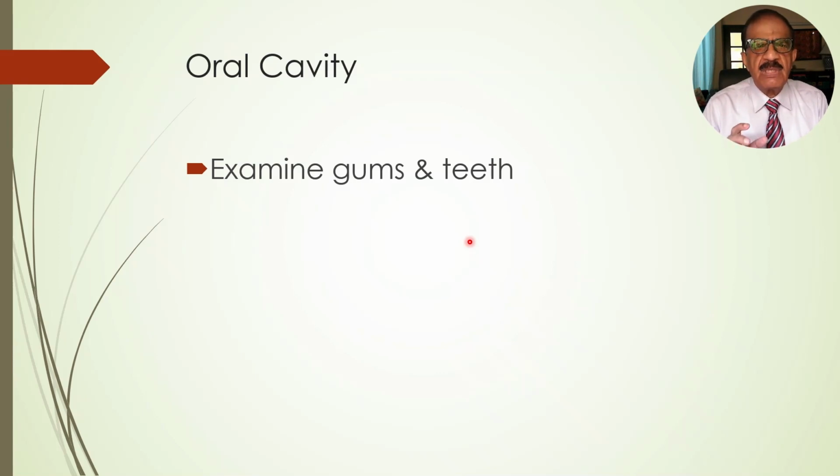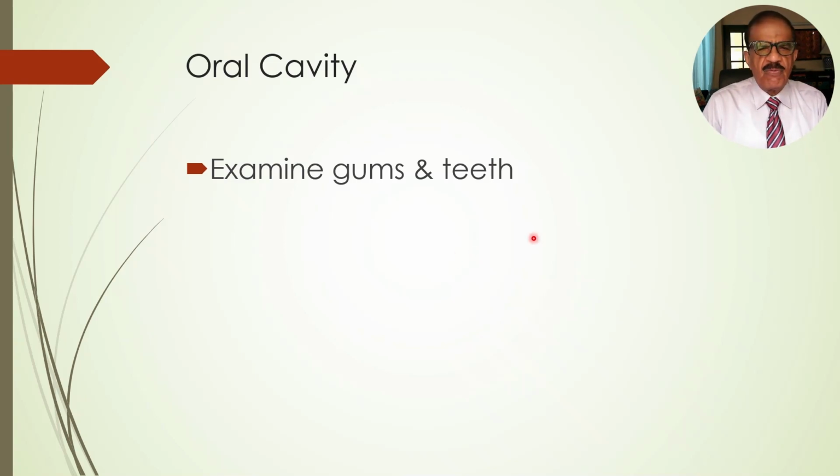The basic technique of examination is that you learn what is normal, and for that you will have to examine multiple patients. Once you know what is normal, whatever is not normal, you make a note of that and describe it in your case history.